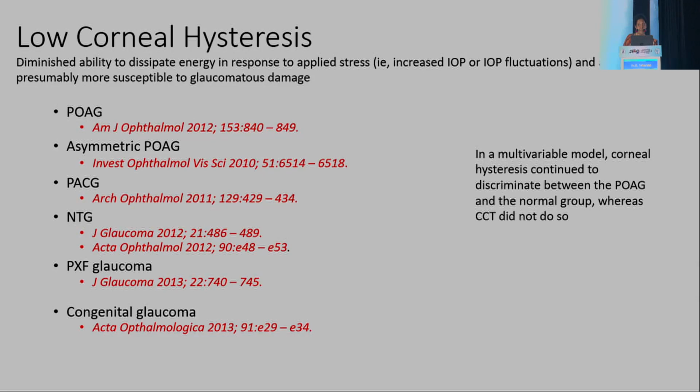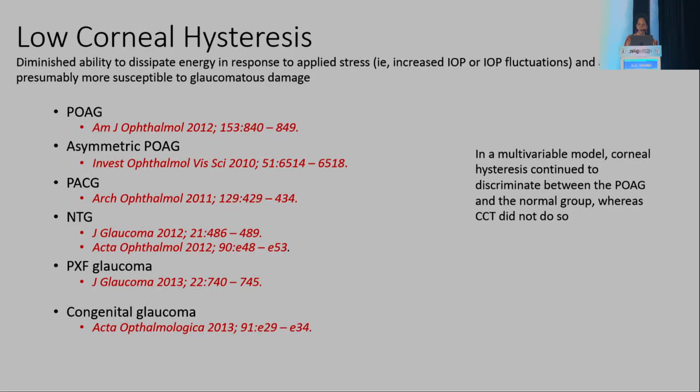Low corneal hysteresis means a diminished ability to dissipate energy in response to applied stress. Applied stress is the force, and the strain is the deformation that happens. This makes the eye more susceptible to glaucomatous damage. Low corneal hysteresis is seen in POAG, asymmetric POAG, PACG, NTG, PXF glaucoma, and congenital glaucoma too.